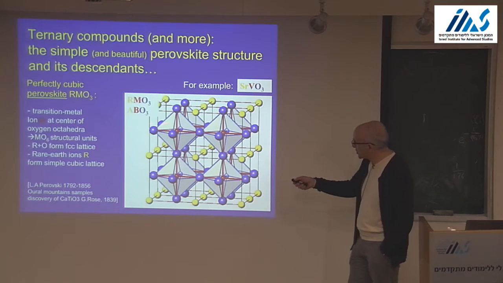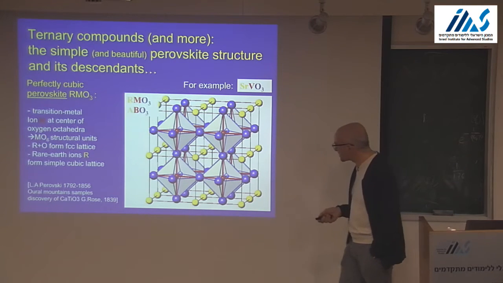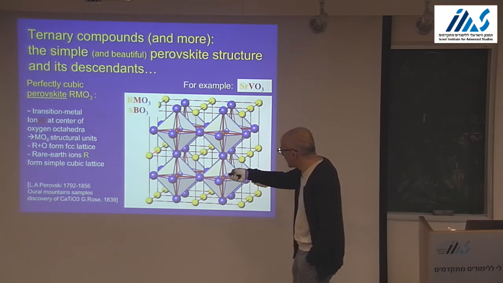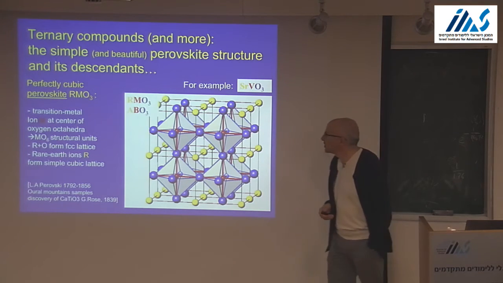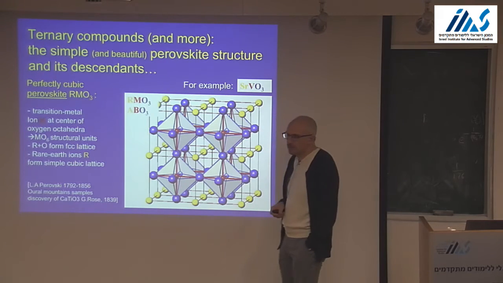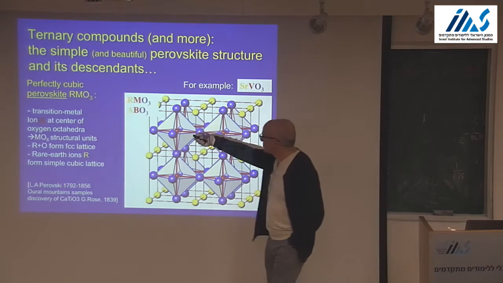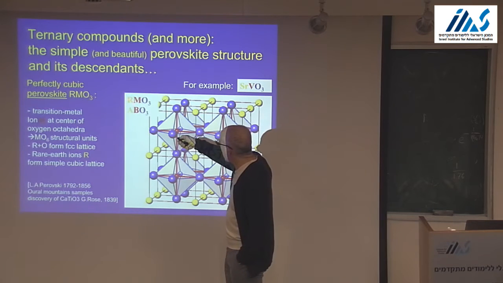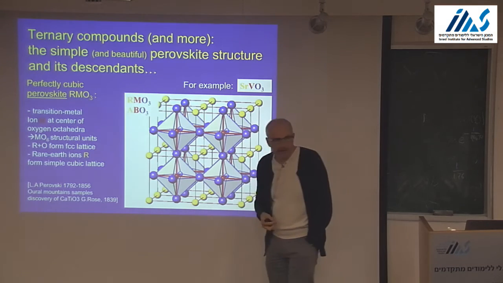These cages touch each other by the corners, right, with perfect cubic symmetry. And in the voids here, we put a third atom, which typically can be a rare earth atom, for example. So I find it less confusing to call it RMO3. O is oxygen, M is the metallic ion, the red guy, and R is a rare earth.